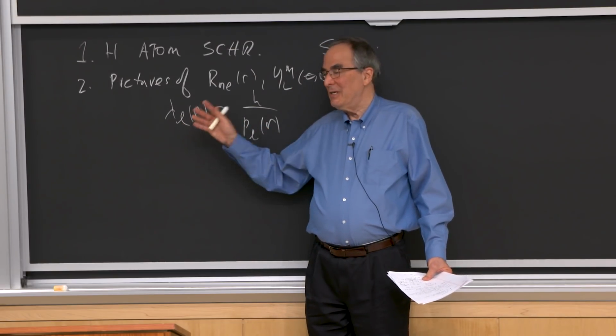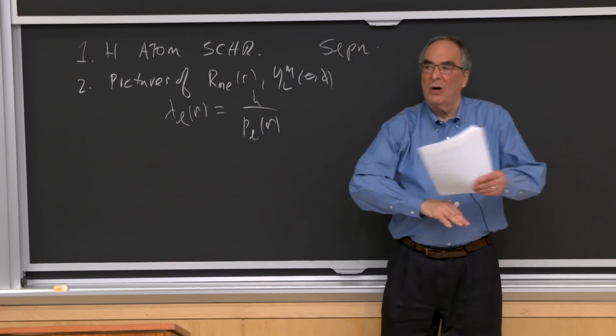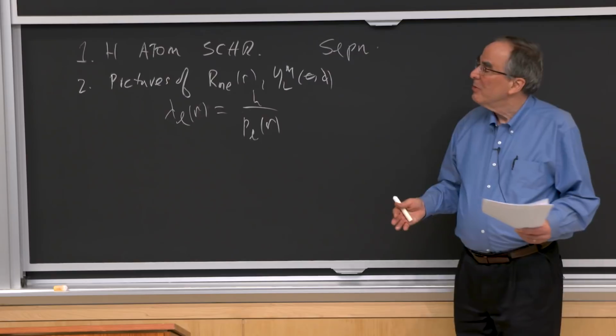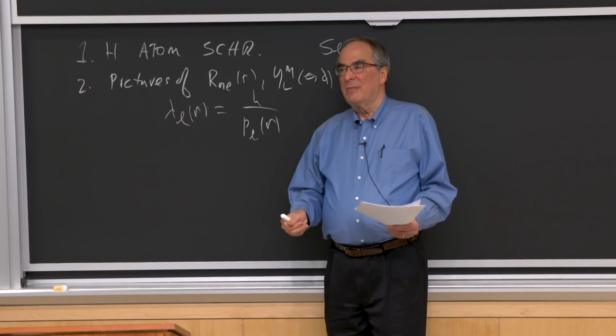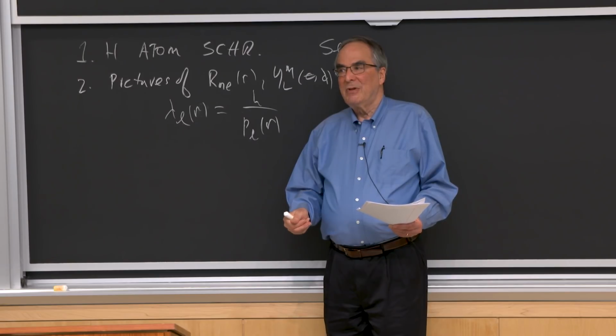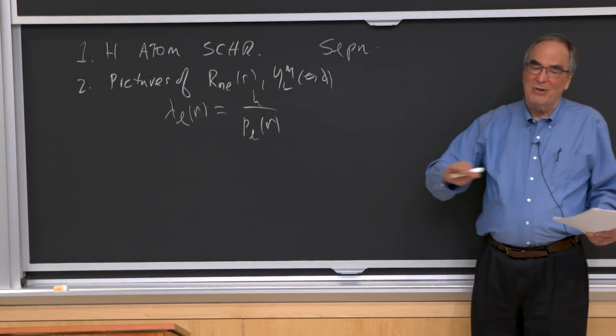We can do in our heads or on a simple piece of paper, we can do this, and we can draw pictures, and we can evaluate matrix elements without any complicated integral tables.